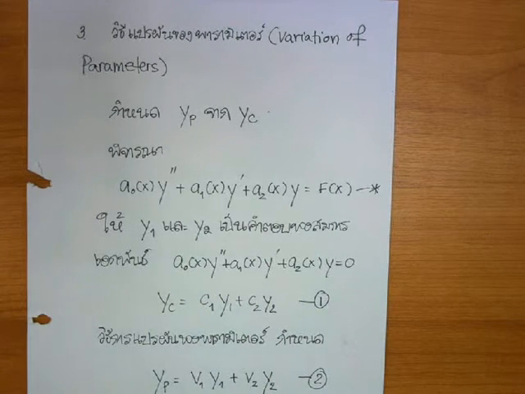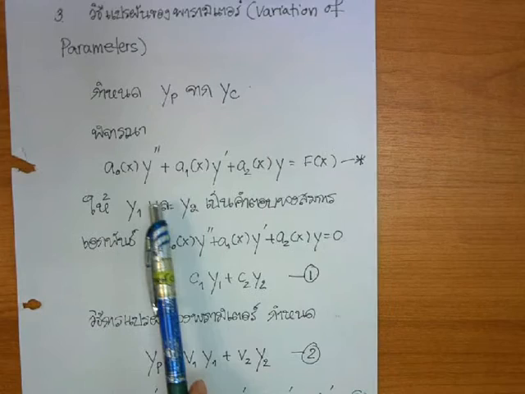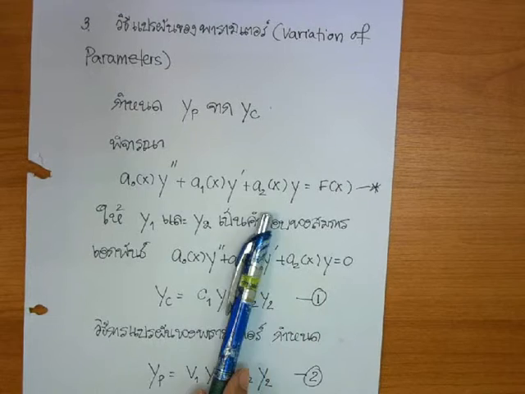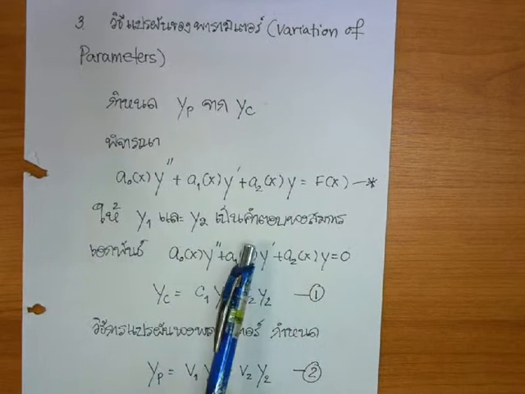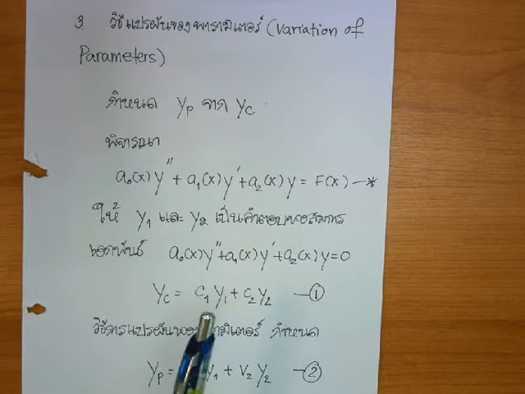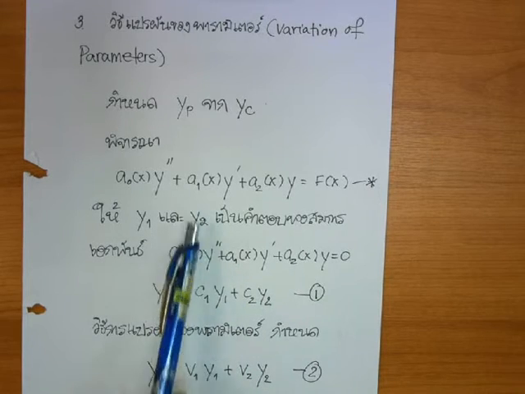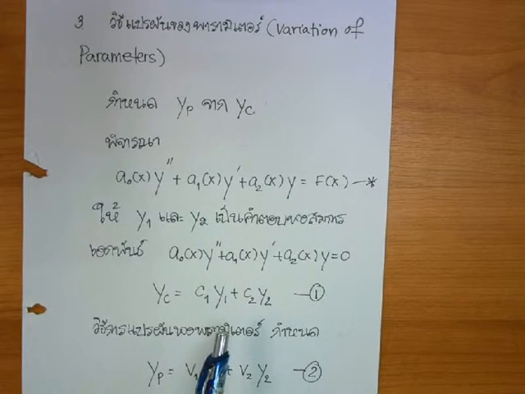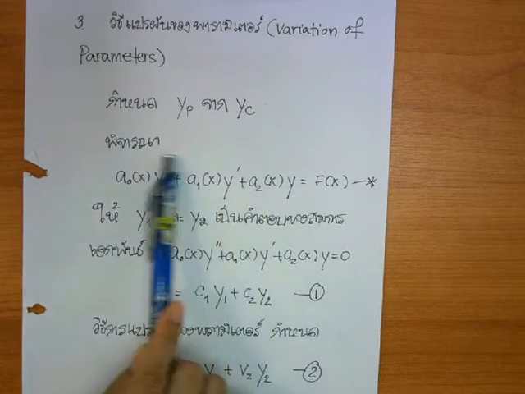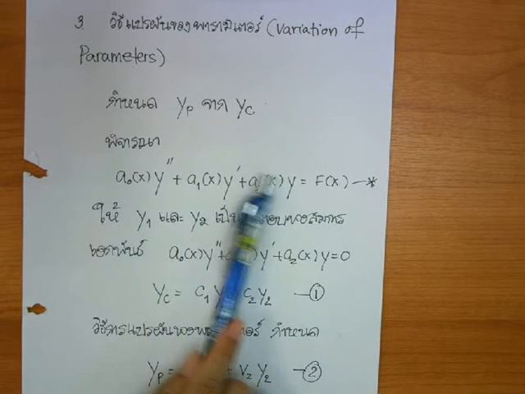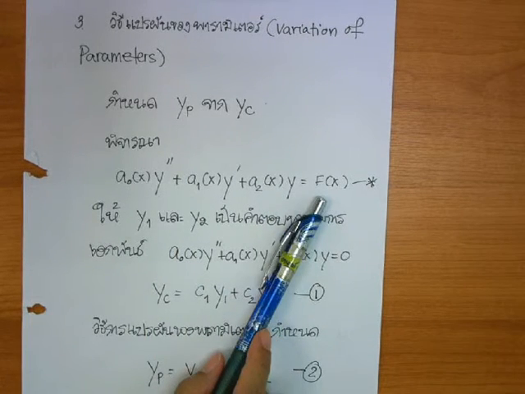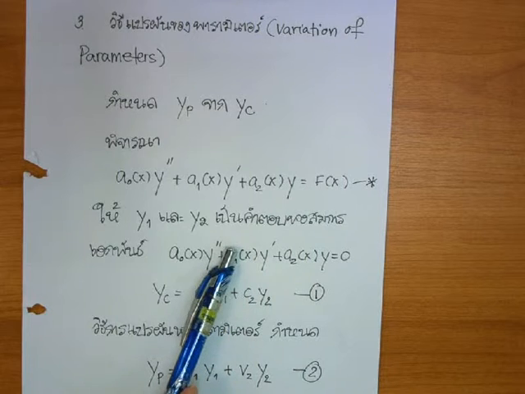So what if we have a second order differential equation? In order to find yp by this method, we have to find yc first. So if this is our differential equation, we just set it equal to 0 and then find yc.